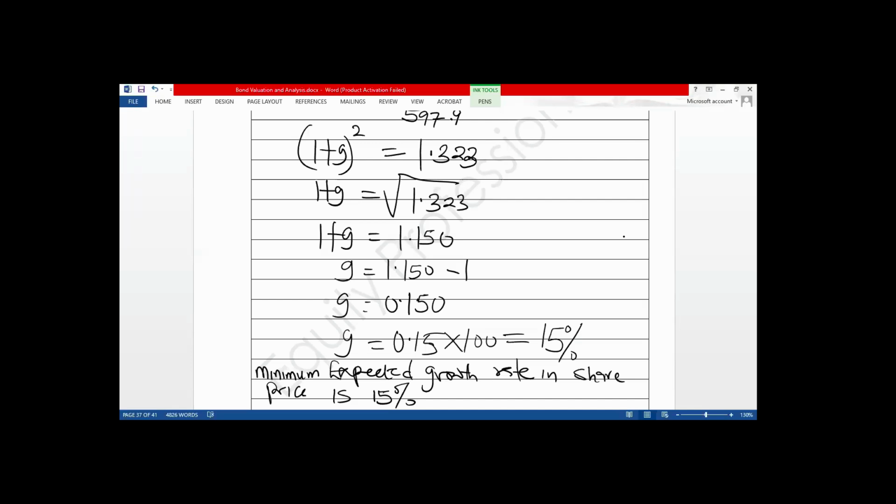But for that mark, once you explain option 1, option 2, then you also explain option 3. It's not a must to compute the yield to maturity.